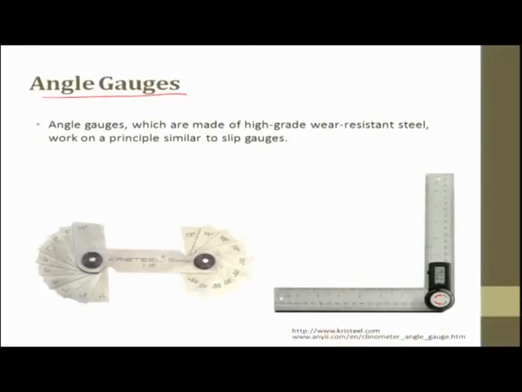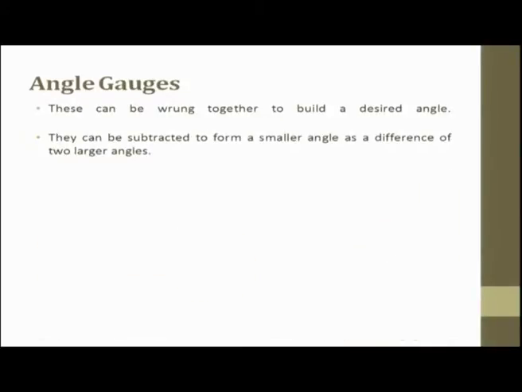You keep adding and then try to figure out what angle is subtended by the workpiece. You can use this combination to measure the angle. The angle gauges can be rung together to build up a desired angle. They can be subtracted to form a smaller angle as the difference between two larger angles.